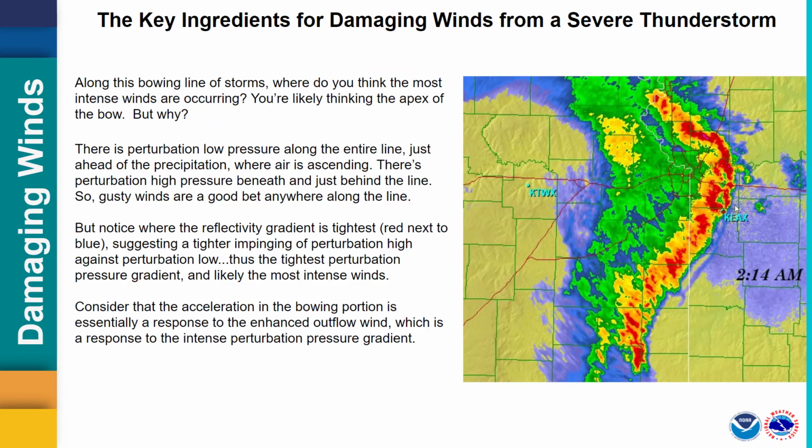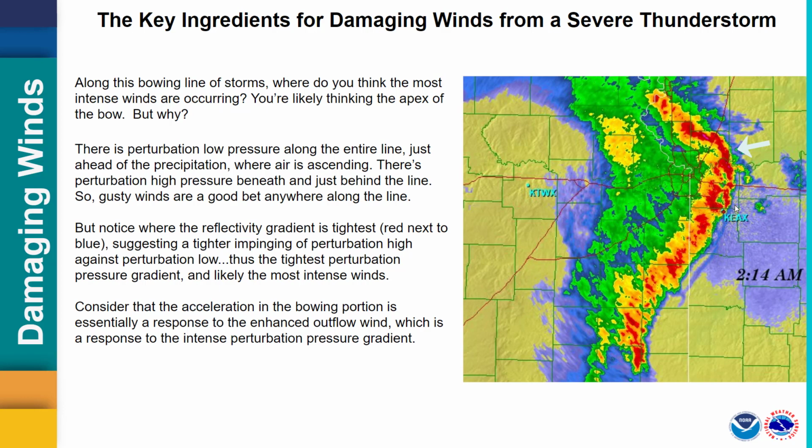Note this bowing convective line image to the right. Along this bowing line of storms, where do you think the most intense winds are occurring? You're likely thinking the apex of the bow, but why? There is perturbation low pressure along the entire line, just ahead of the precipitation, where air is ascending.